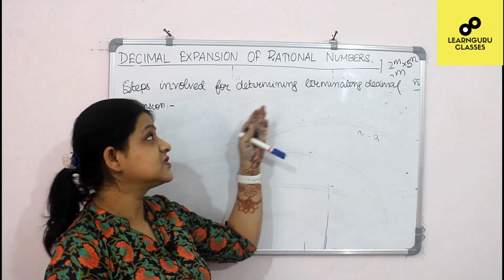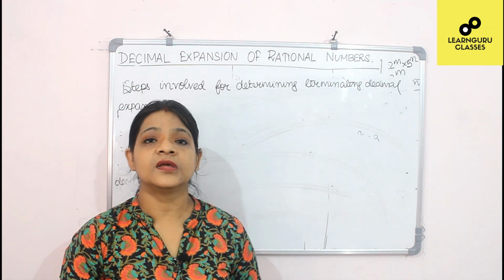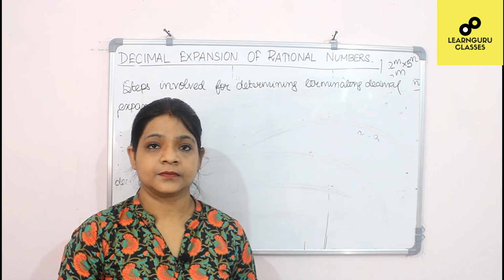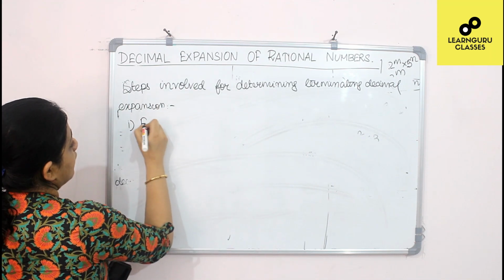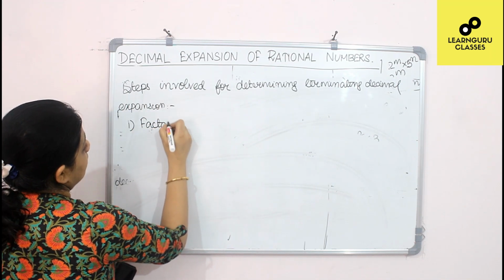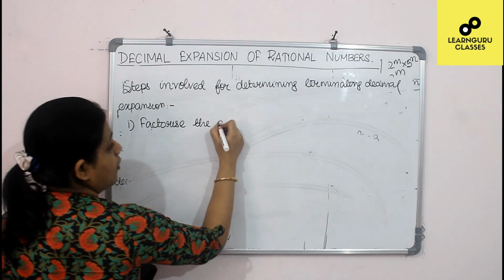The first step is you have to factorize the denominator.